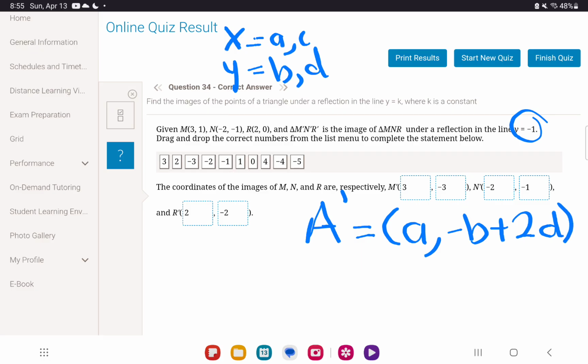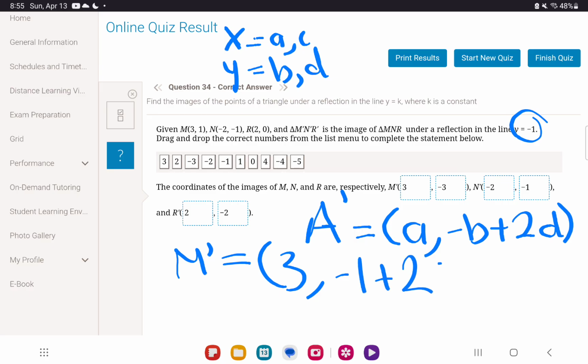Now let's put everything together. First thing, M prime. We use the a of the x of M, which is 3, so we keep it the same, and then the y, which is 1, so it's minus 1 because it's minus b, plus 2. Okay, let me explain again because I made a mistake this time. The d is the line y, it's not the y from the coordinates.